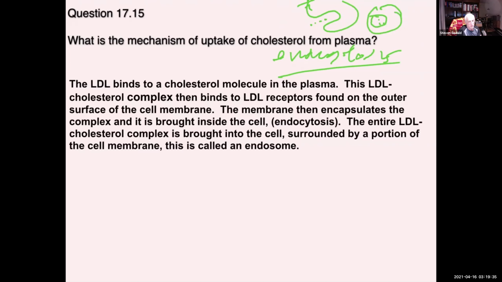The LDL cholesterol complex then binds to LDL receptors found on the outer surface of the cell. The membrane then encapsulates the complex by endocytosis, and it is brought inside the cell. The entire LDL cholesterol complex is brought into the cell, surrounded by a portion of the cell membrane, and this is called an endosome. And then the lysosome comes.